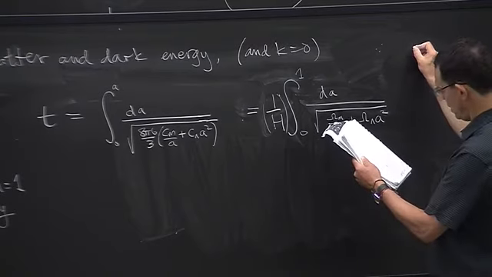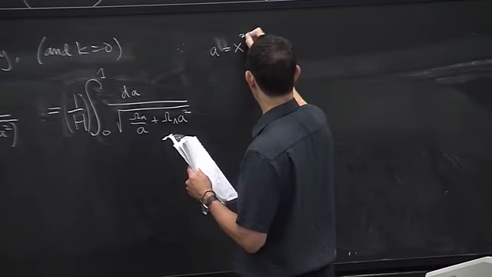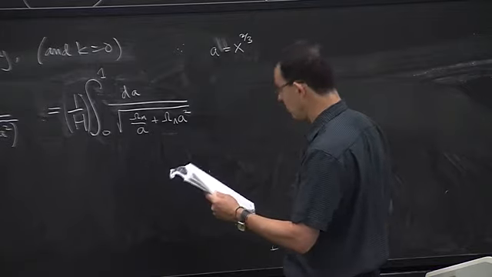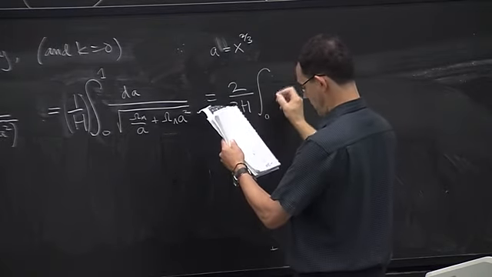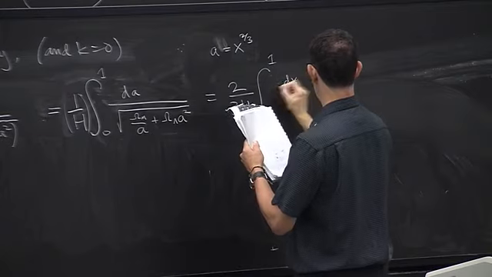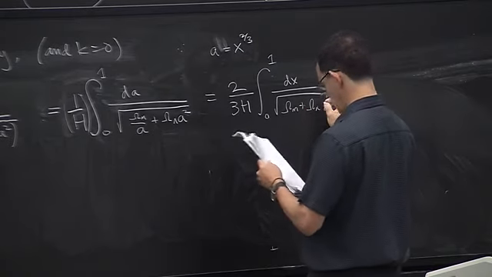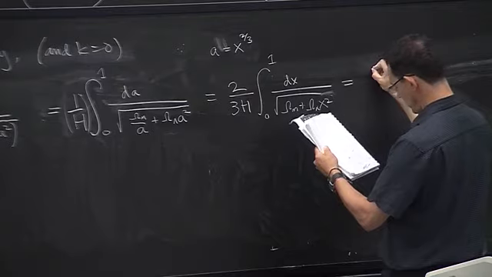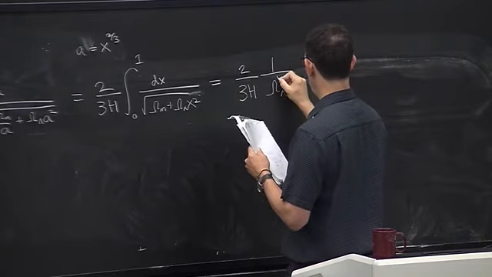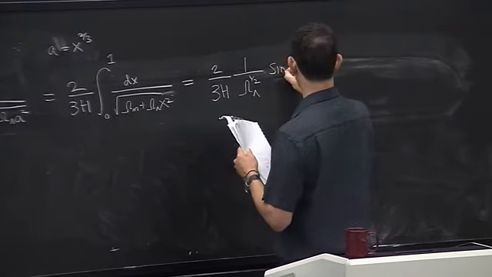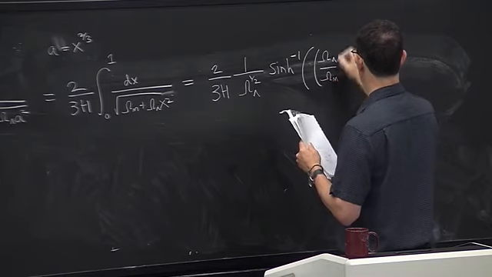Okay, and then if I change variables so that a equals x to the 2/3, which turns out to be the right change of variables, this is 2 over 3h integral 0 to 1 dx over square root omega m plus omega lambda x squared, and that's equal to 2 over 3h times 1 over omega lambda to the 1/2 power, and then arc sinh of omega lambda over omega matter to the 1/2 power.